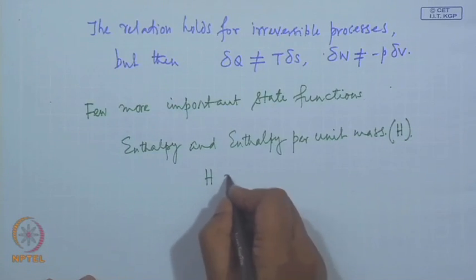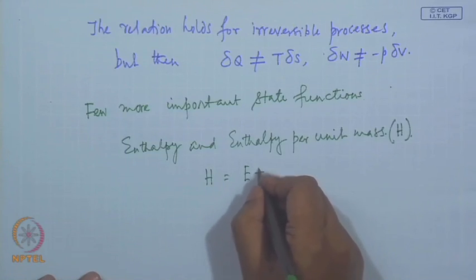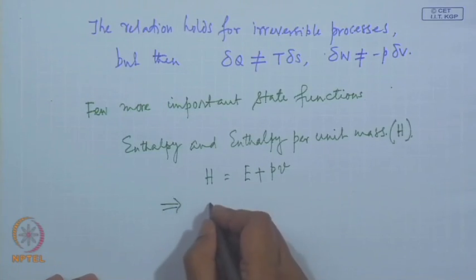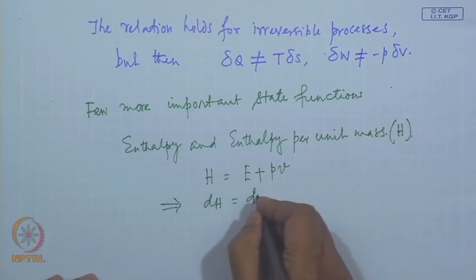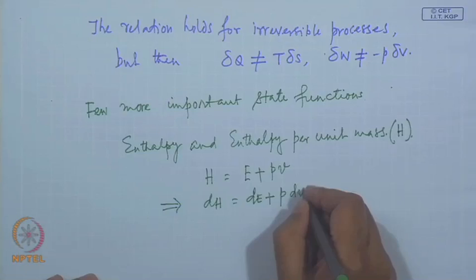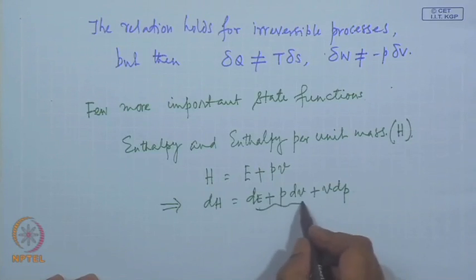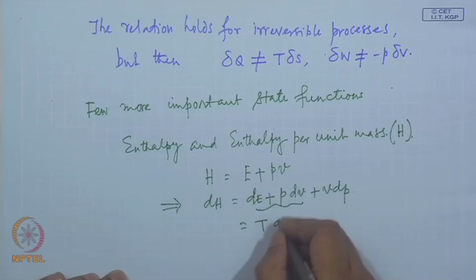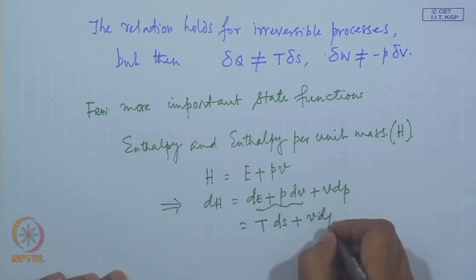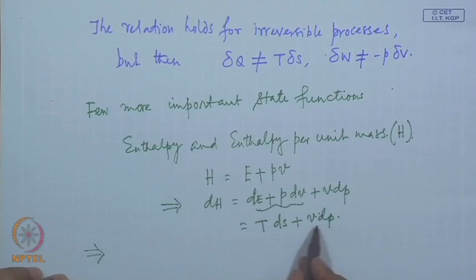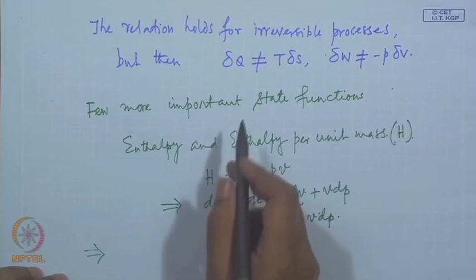So, H is defined as E plus P v, which gives in differential form dH equal to dE plus P dv plus V dP, and we have already seen that dE plus P dv is T dS. This implies that for a small reversible change at constant pressure, dH equals T dS, which is equal to dQ.